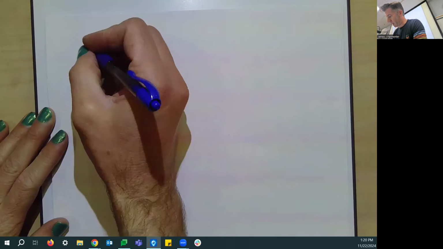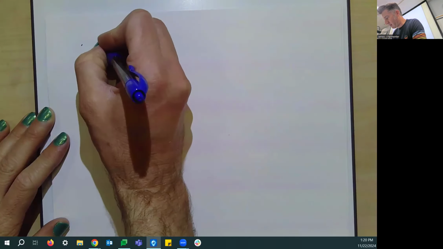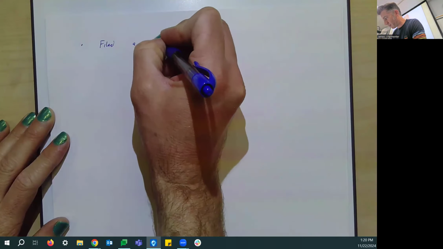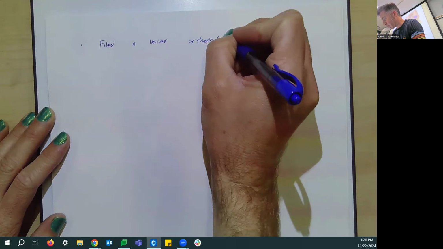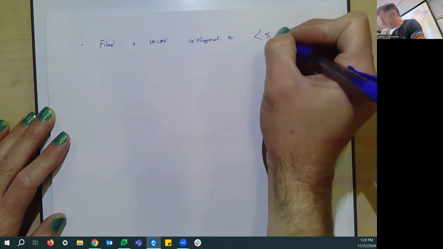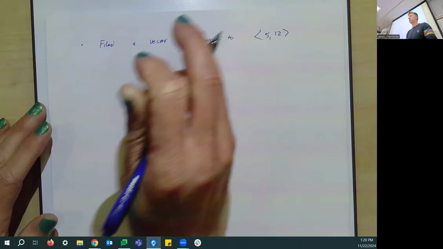So if I gave you, in fact, I want everybody to do this. Find a vector orthogonal to 5, 12. As quickly as you can.